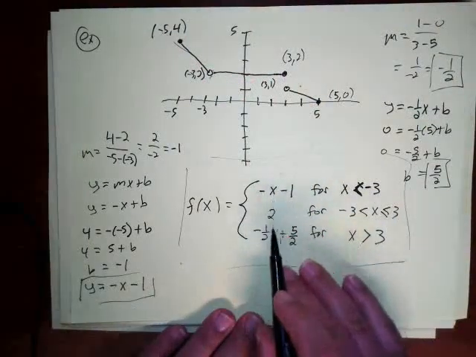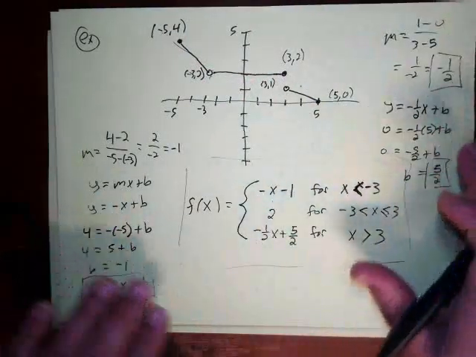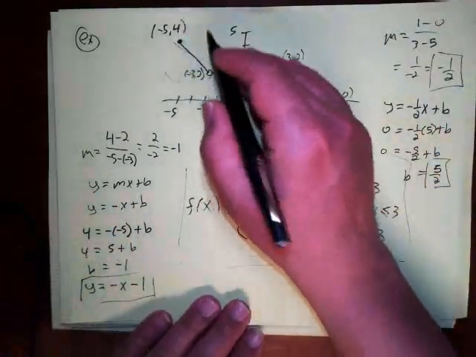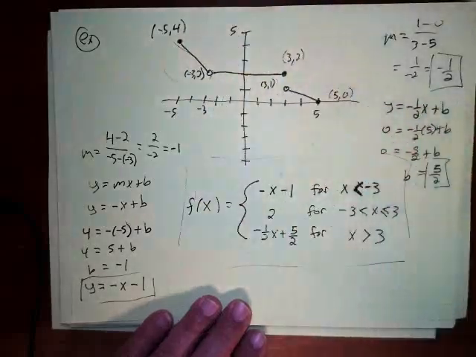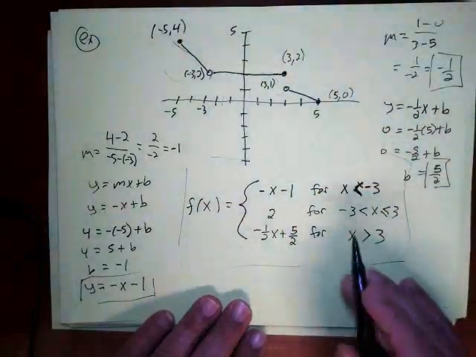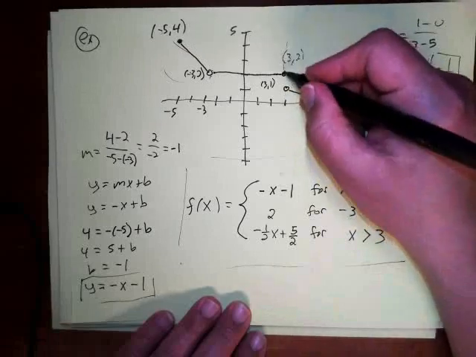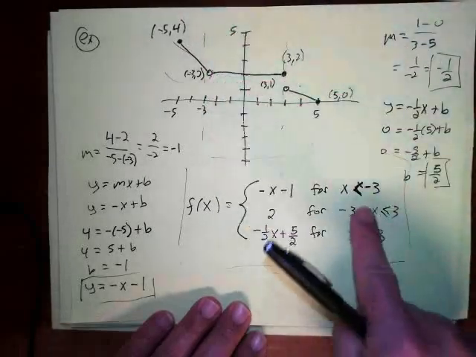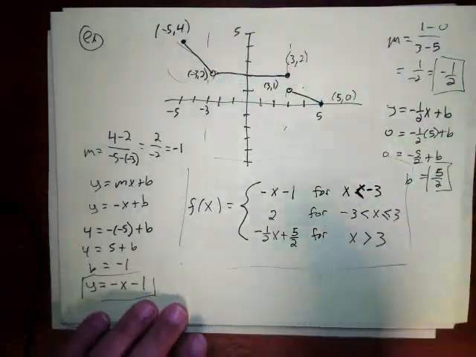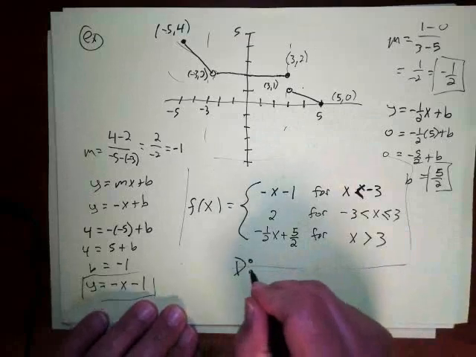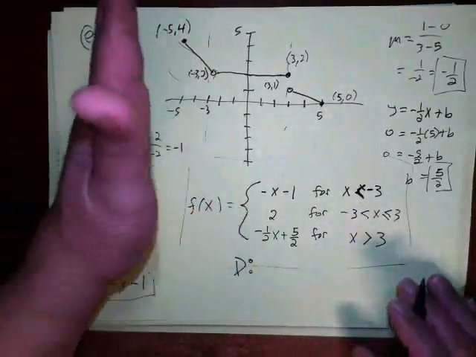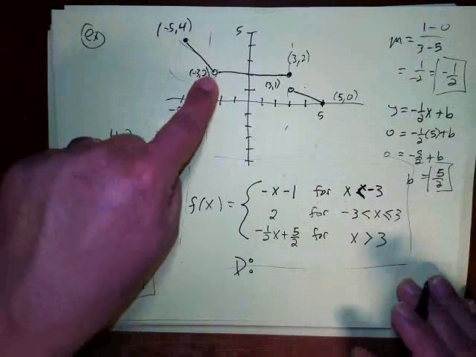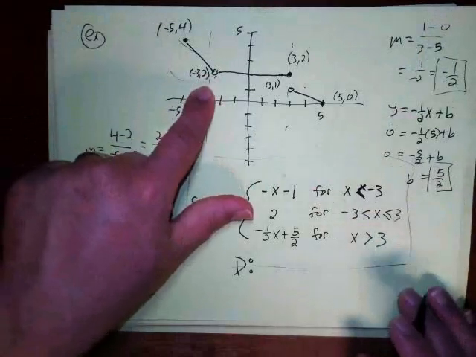I had to use what I know about linear equations to find the equations of these pieces, and then these are what determine these domains here. So now let's find the domain of the whole function. It's going to be defined everywhere except at that negative 3.